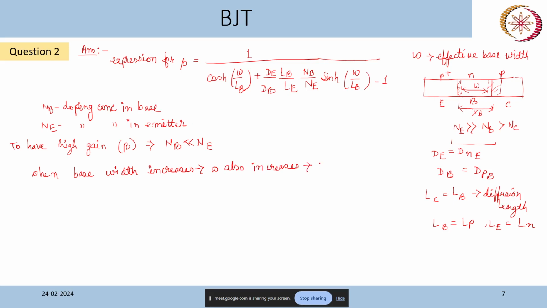Then there will be more recombination of the carriers that are diffusing from the emitter side to the base side, and that will eventually decrease the collector current. So that will decrease the current gain of the transistor.